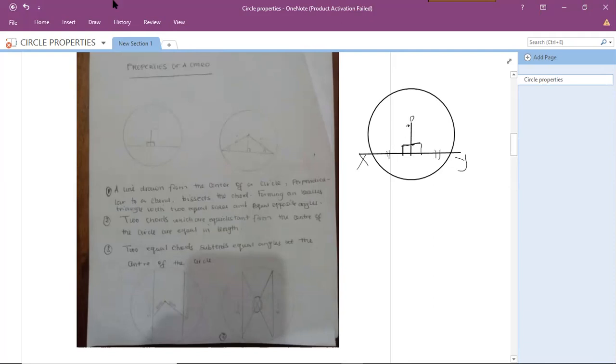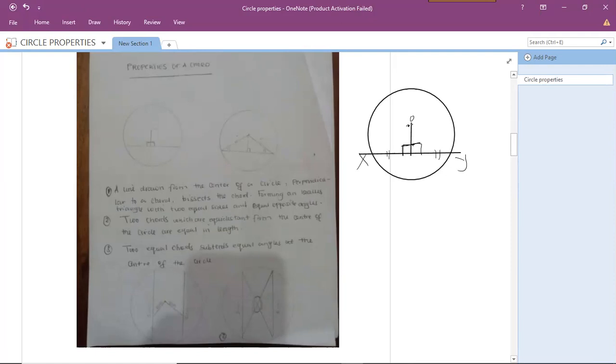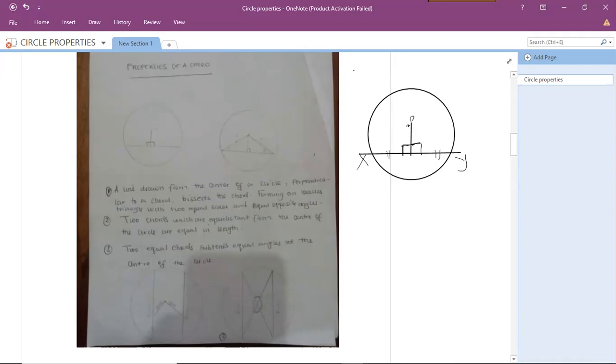And I want you to notice one thing. Because this line perpendicular to the chord has bisected the chord, if we draw a line from the center to the circumference, that's a radius.